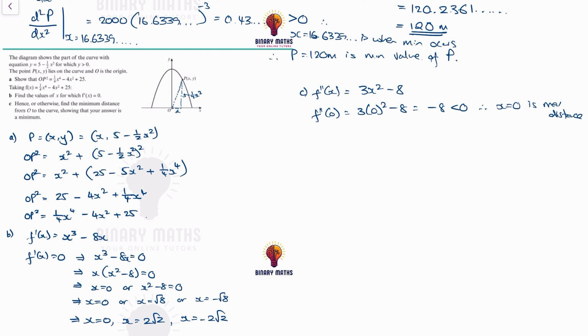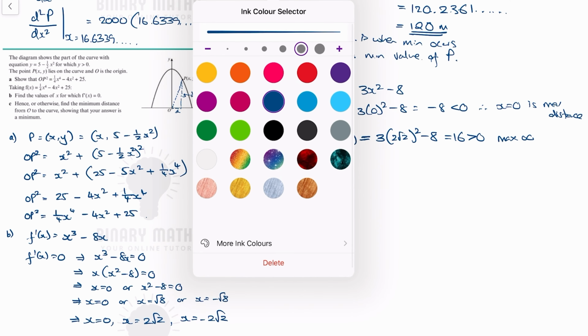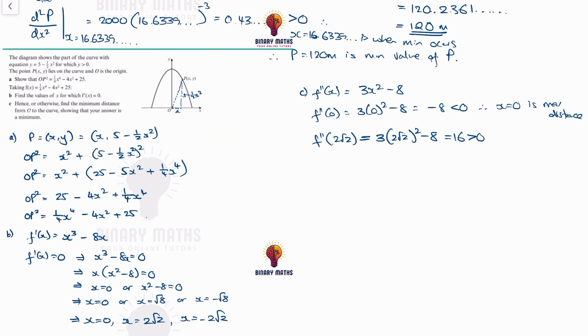Okay. F double dash of 2 root 2 will be equal to 3 times 2 root 2 squared, take away 8, which is 24, take away 8, which is 16, which is greater than 0. So if it's greater than 0, minimum occurs.